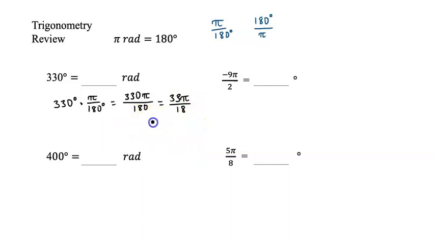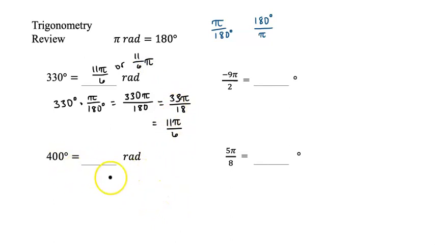Dividing by 3, that leaves us with 11 pi over 6. And so 330 degrees is 11 pi over 6 radians. And sometimes you'll see this written as 11 over 6 pi. It does not matter.